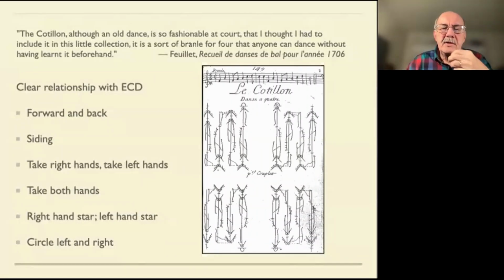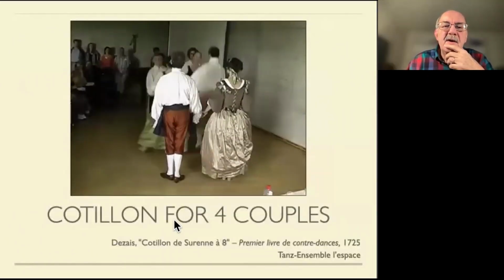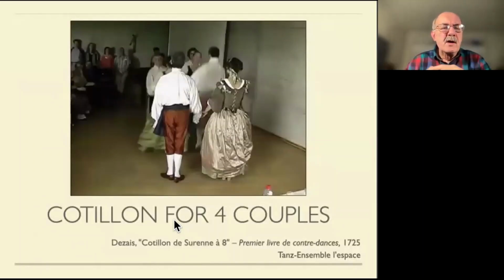So they have two couple dances, they have dances for two couples, for groups of six, one man with two women, another man with two women, etc. By the 1720s, 1725, they really settle into the four couple cotillon, a dance for four couples. Here's an example from 1725.